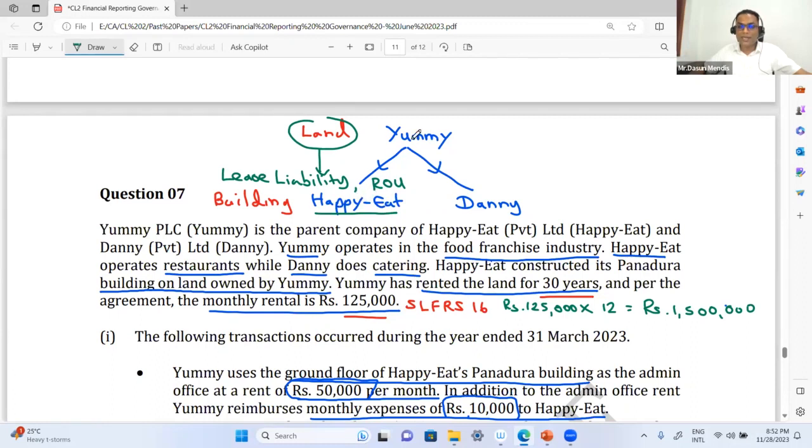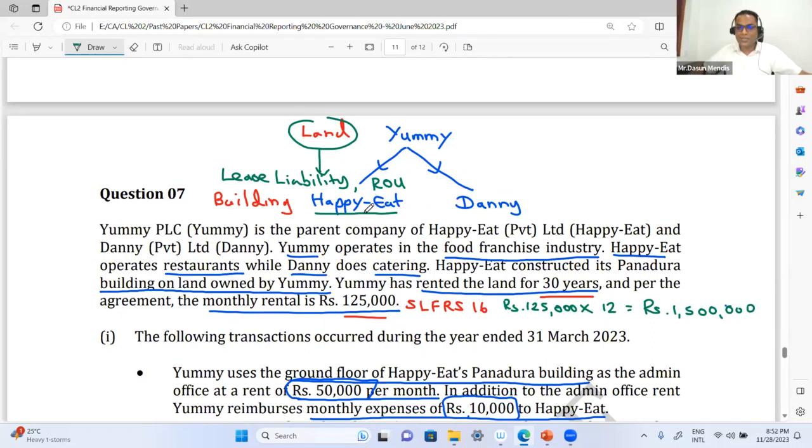One is the parent company, Yummy. And also Danny. What is the relationship between Happy Eat and Danny? Are they related parties? Obviously, the parent and the subsidiary are related parties, so Happy Eat and Yummy are related parties. Are Happy Eat and Danny related parties to each other? Yes.